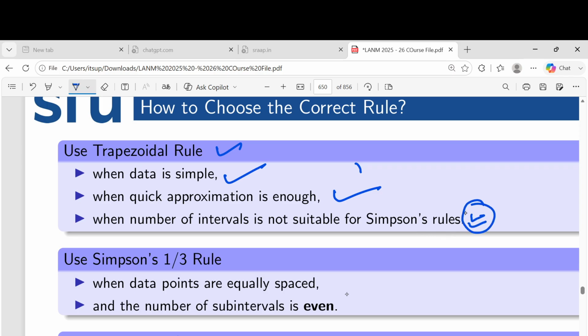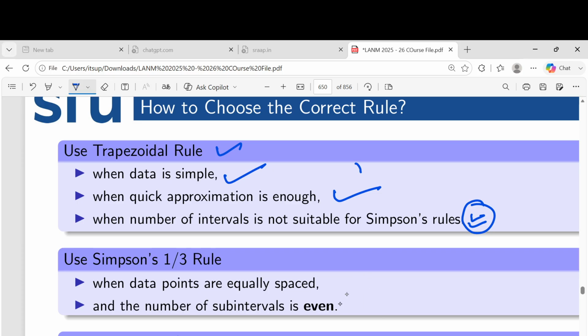Because Simpson's rules have requirements for selecting the number of intervals, if those rules are not applicable to the data, then we apply the trapezoidal rule.